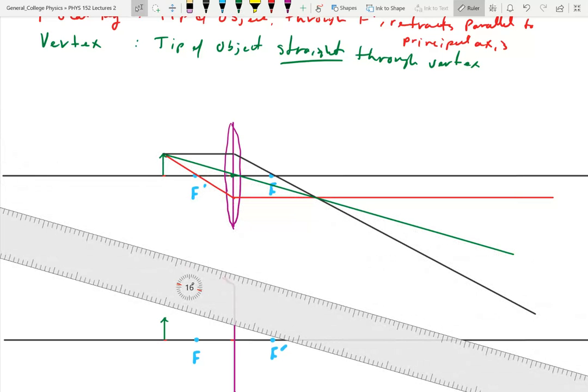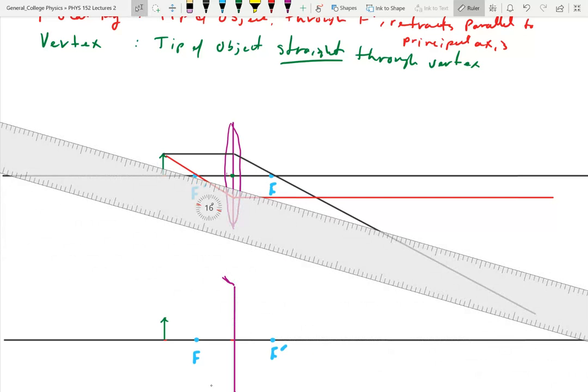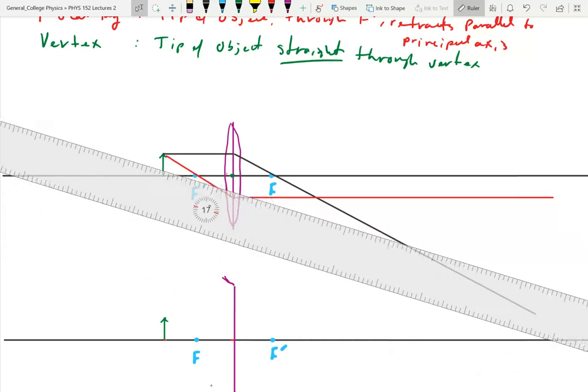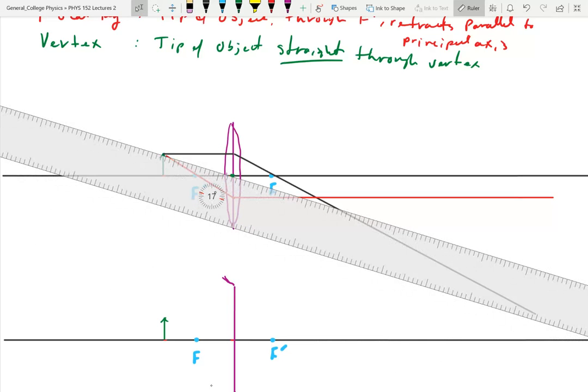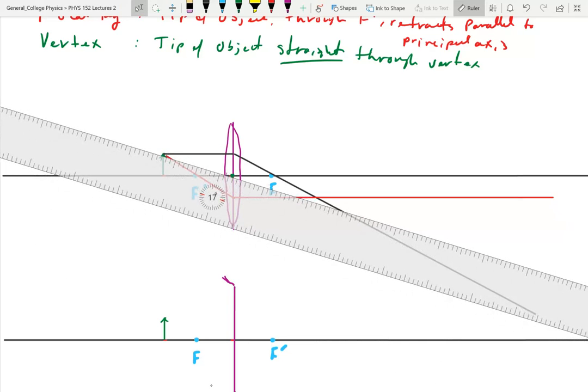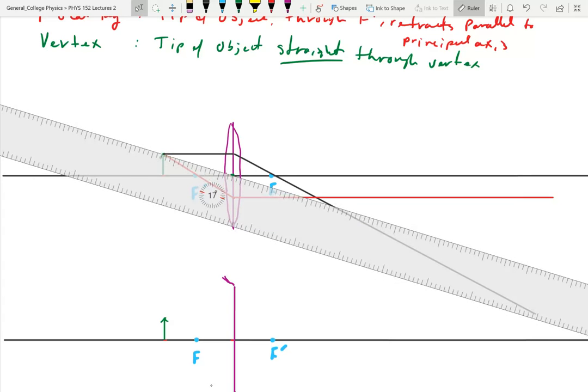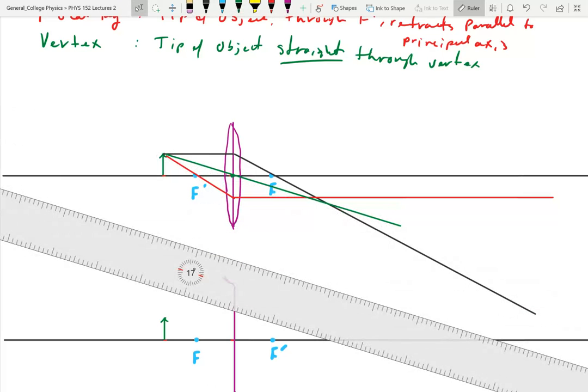So there's my O. It passed a little high here. I know it actually went through the place I want it to go, but I'm more concerned about getting the ray accurate than I am about having the right answer, believe it or not. So let's try that and see if that's better. It's still a little high, but that's what we're going to get.